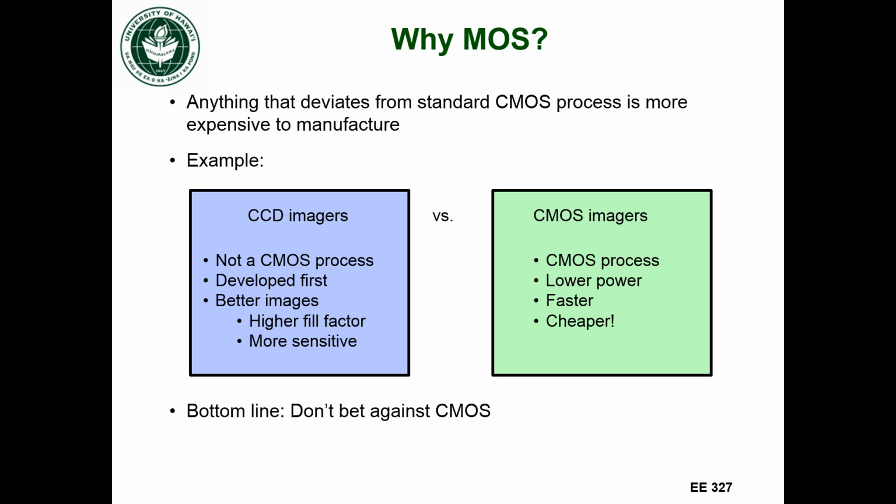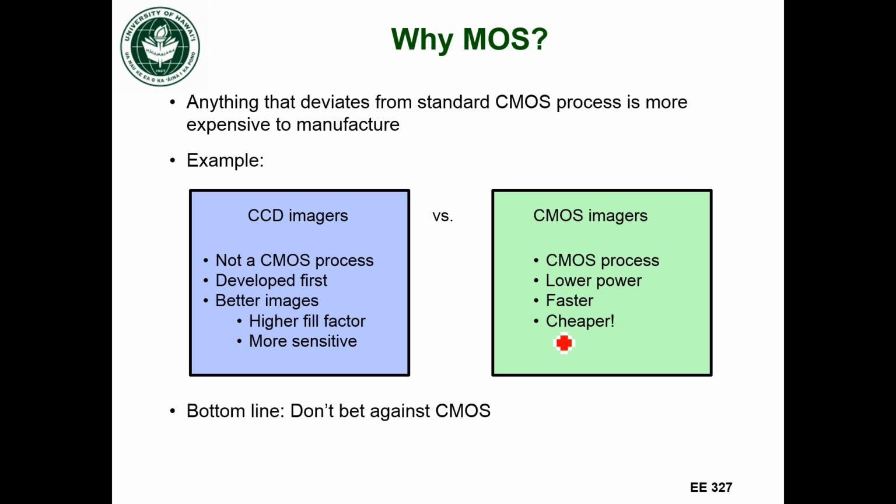But later on, imagers based upon CMOS devices were developed. They do use less power than a CCD imager, and they are a little bit faster, but they don't give you as good an image. They're not as sensitive to light as a CCD imager.